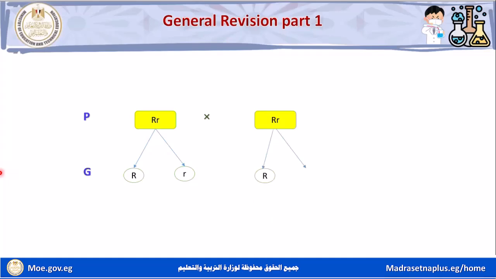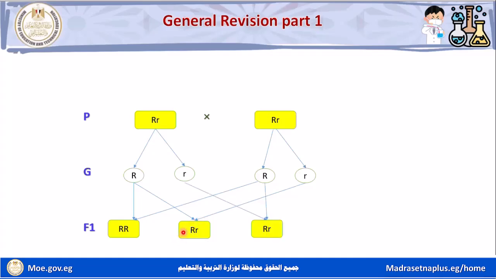After mating, R capital with R capital produce R capital R capital. R capital with R small produce R capital R small. R small with R capital produce R capital R small.